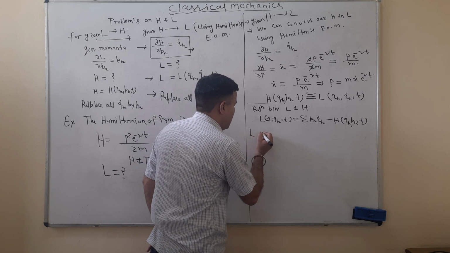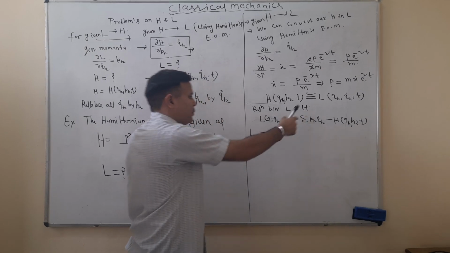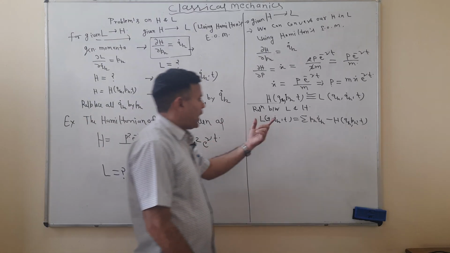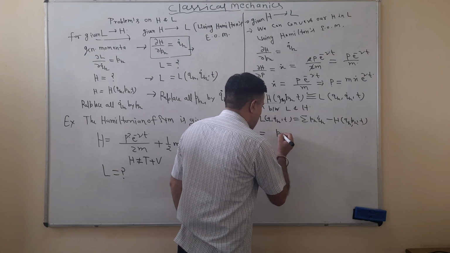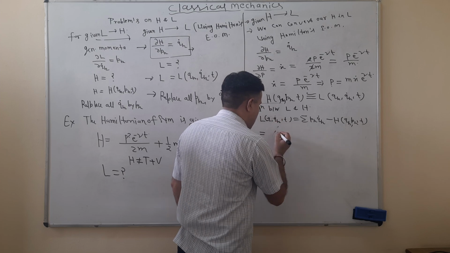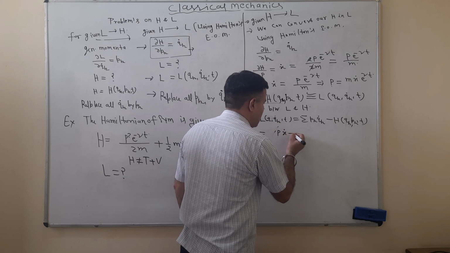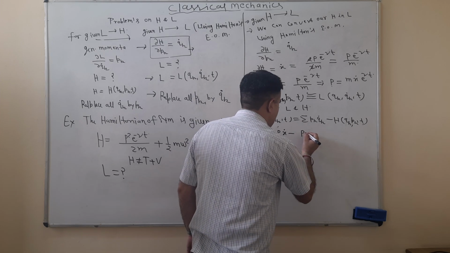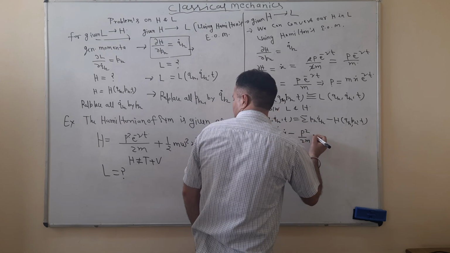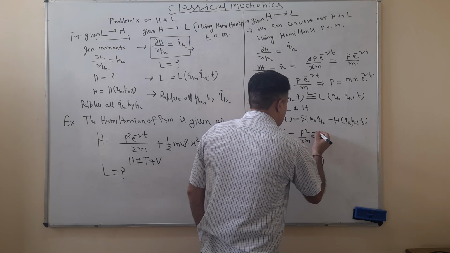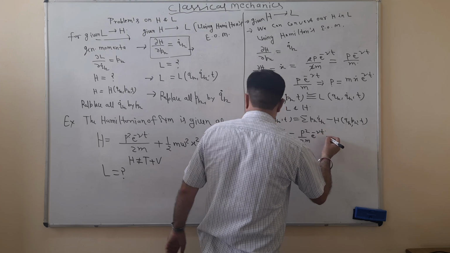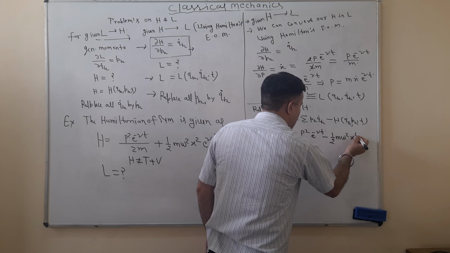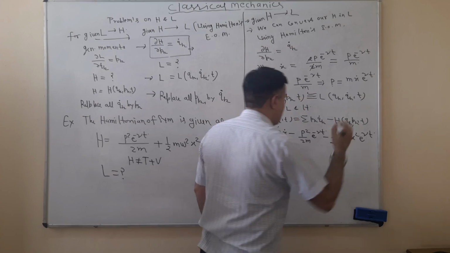So what is our L? Simply, in this case our p_k and q̇_k are p and ẋ. So this is pẋ minus H, which is p square by 2m e to the power minus νt, and this is again minus 1 by 2 m ω square x square e to the power νt.